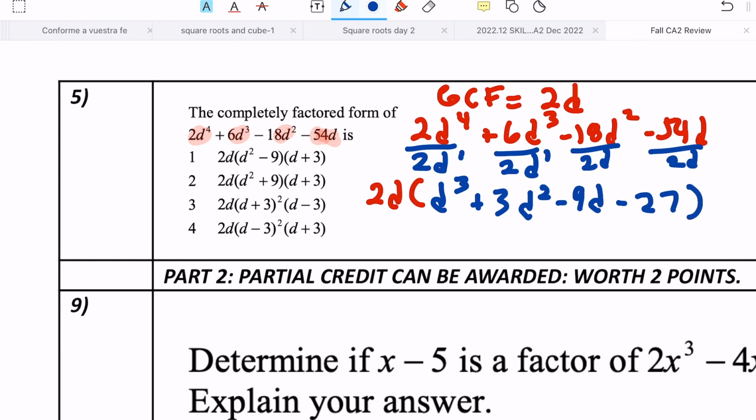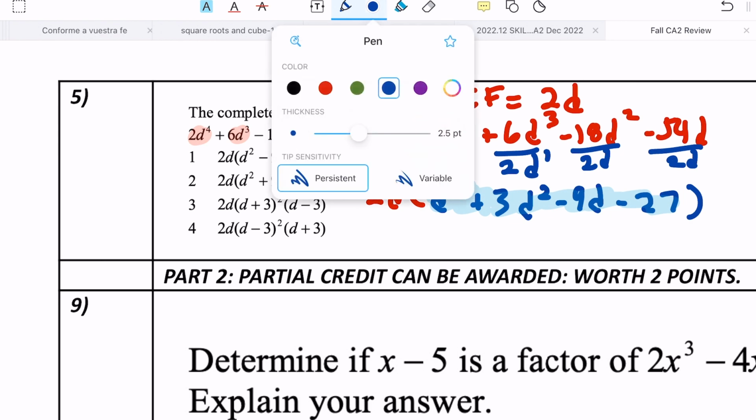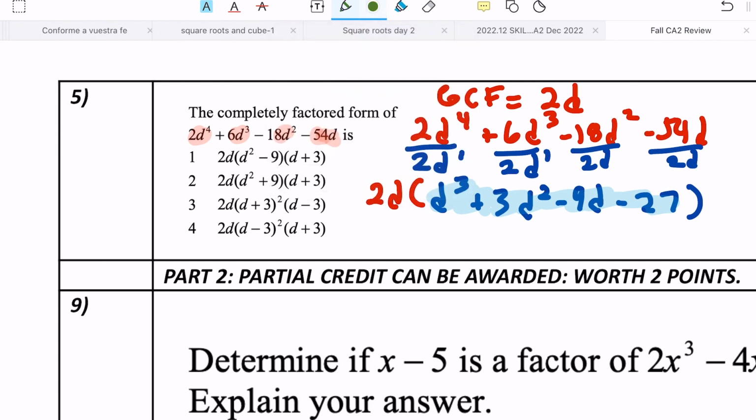Okay? Now I see what's left. I see that there is no more common GCF. There's nothing common about it. Okay? However, I can factor by grouping. I can look at these first two terms, find the GCF there, and then factor the GCF on this one, right?